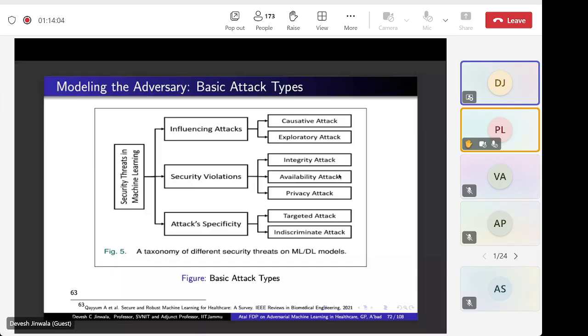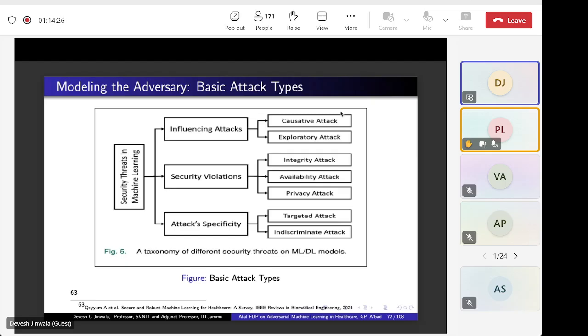I talked about two terms earlier, poisoning attack and evasion attack. And that is what you see here in this diagram. When I say causative attack, it is poisoning attack. Poisoning of what? Poisoning of training data. So an insider would be causing a causative attack.